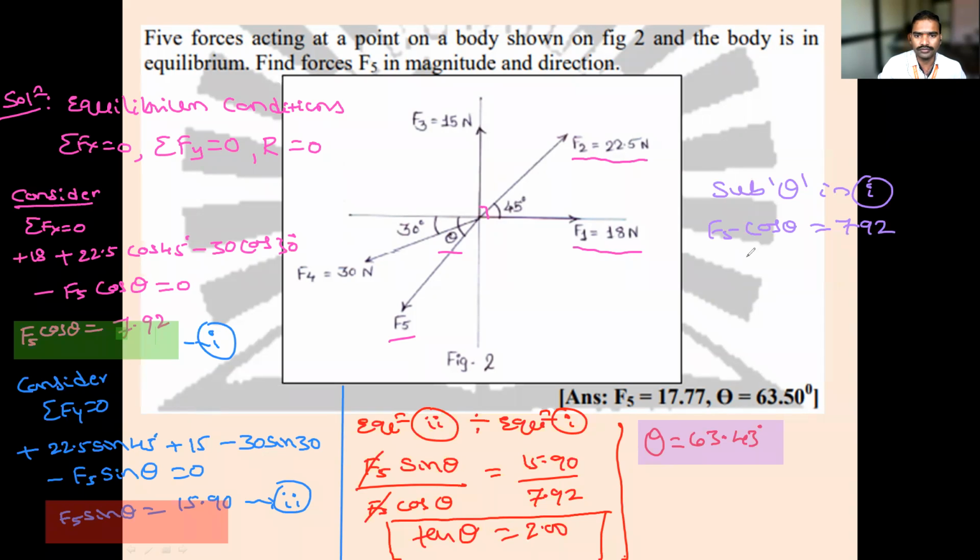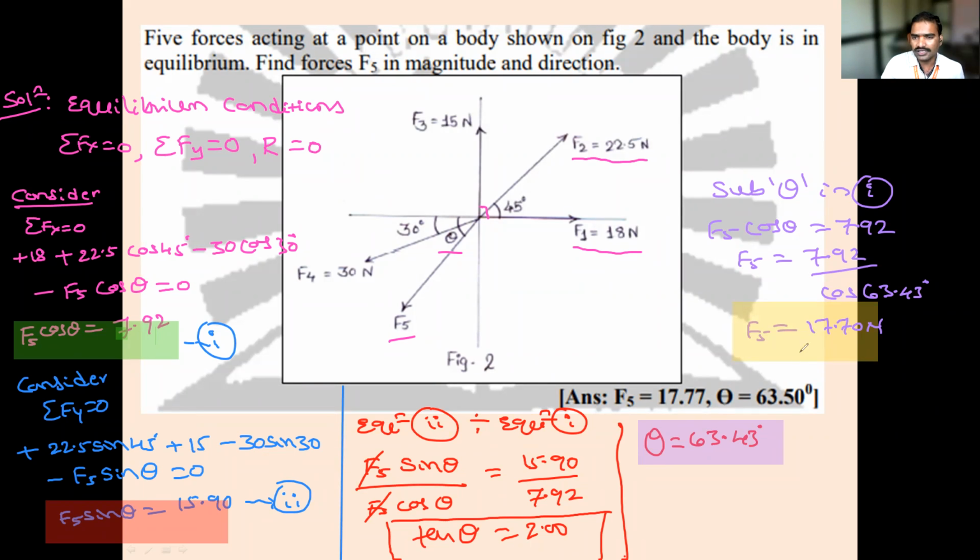So F5 is equal to 7.92 divided by cos of theta, where theta is 63.43. Calculate F5. 17.70 Newton. Here it is 17.77. No problem, 17.7 you are getting.